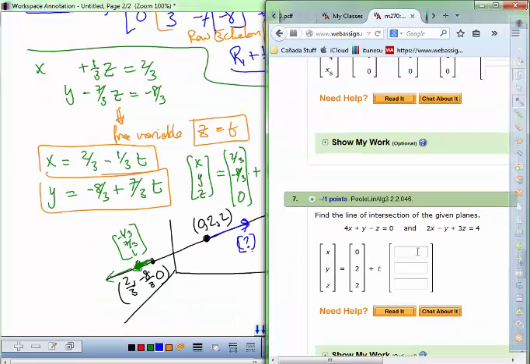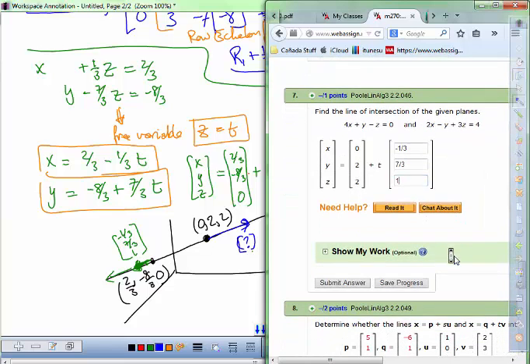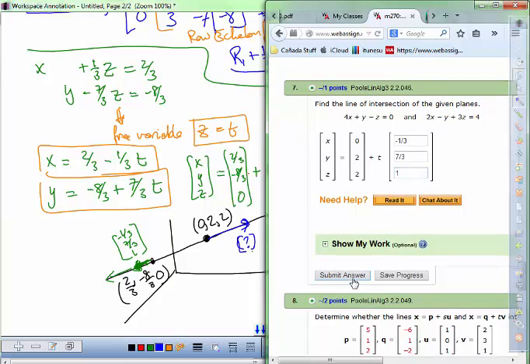This is kind of exciting. My initial point is different, but that shouldn't matter because it's still the same line. And the direction that I have should be a scalar multiple of theirs. So should I submit or should I just assume that it's correct?